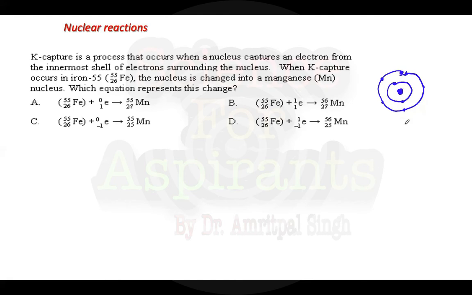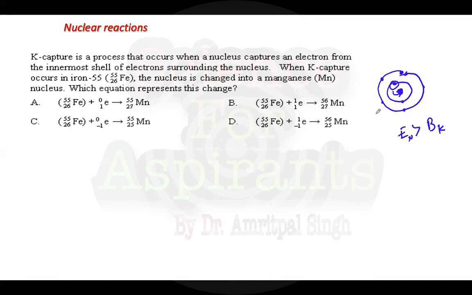If the energy of this excited nucleus is greater than the binding energy of this K orbital electron, then there is the probability that this nucleus will capture this electron within itself.